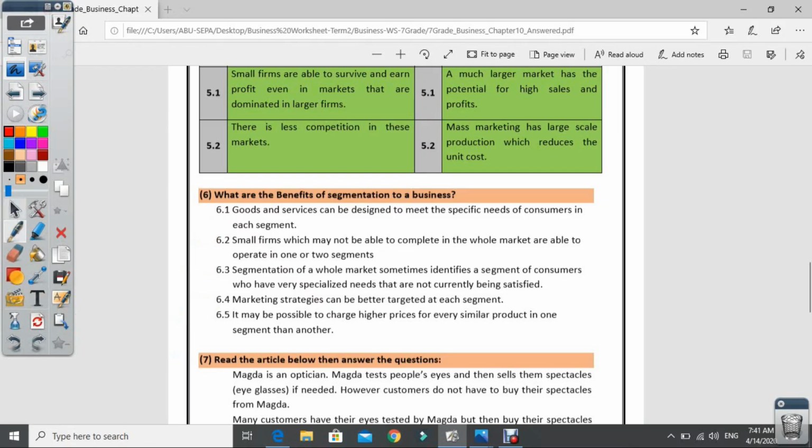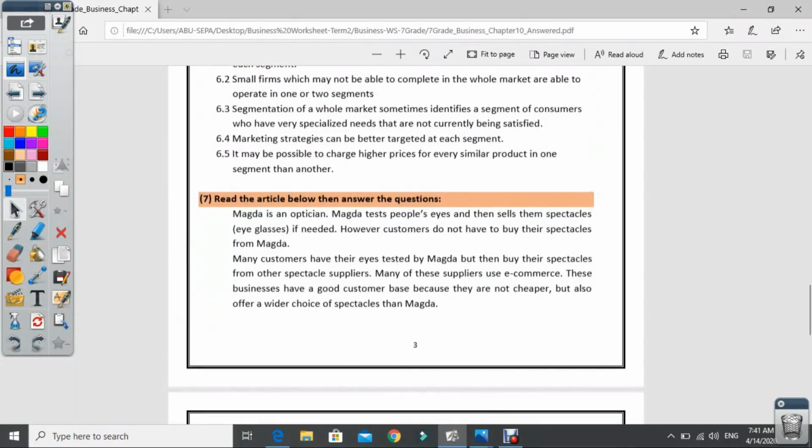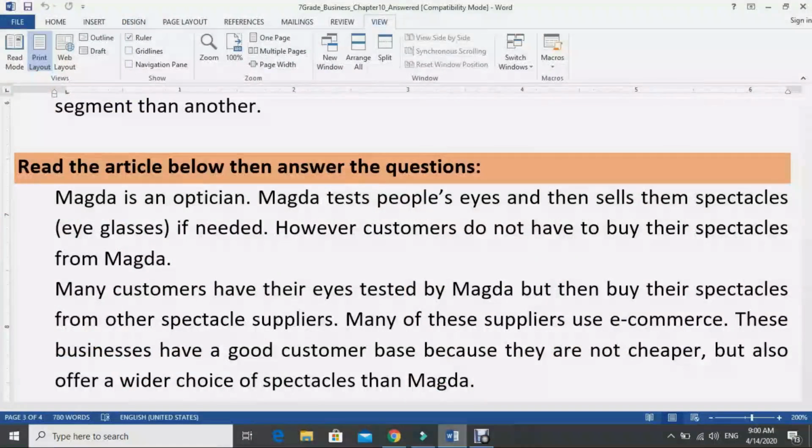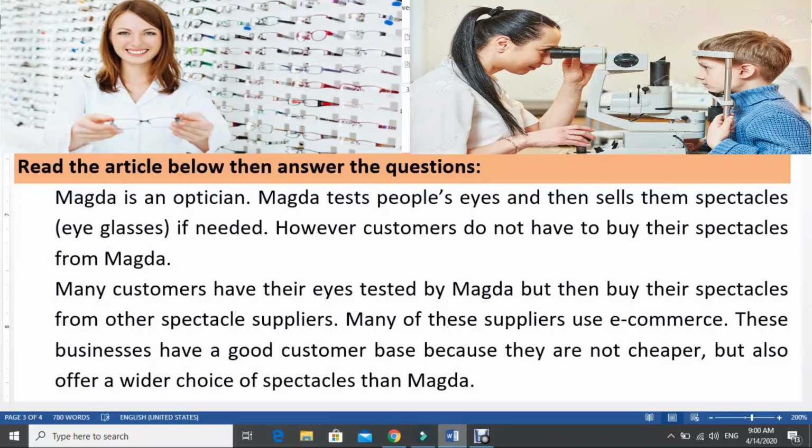Question number 7, guys. Read the article below, then answer the question. Let's read the article below. This activity is on page 152. It's an example practice question. The first one. Magda is an optician. Magda tests people's eyes and then sells them spectacles, eyeglasses, if needed.